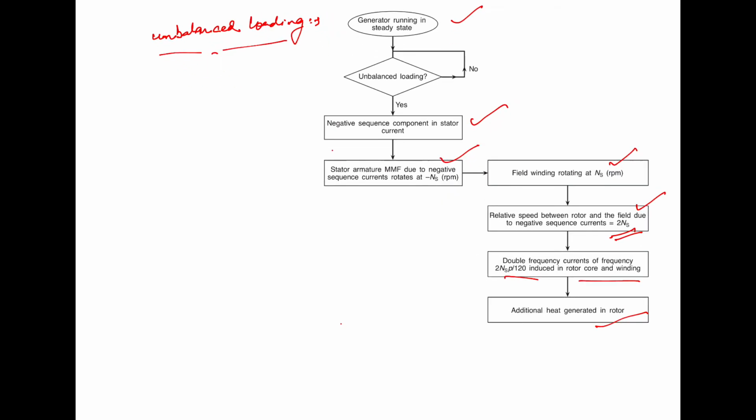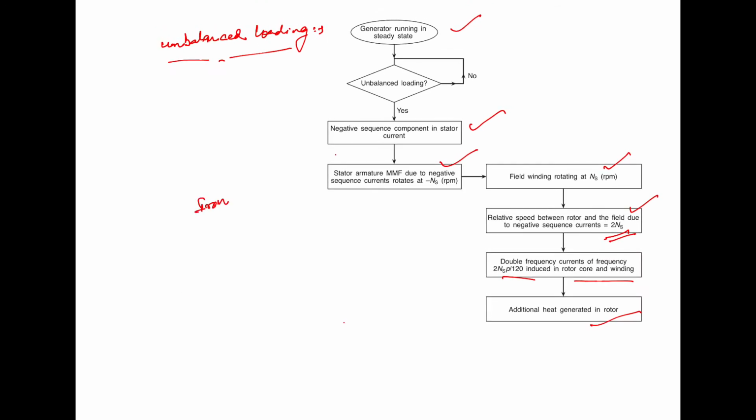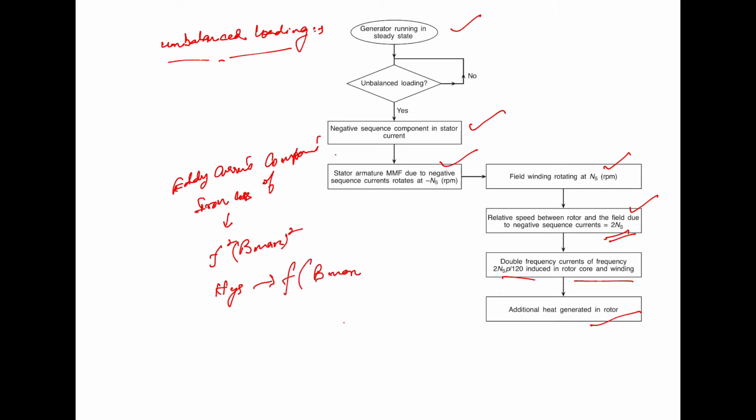The eddy current component of the iron loss is proportional to f square B max square, while the hysteresis loss is proportional to f B max to the power n, where the value of n is 1.6 to 2, which depends upon the core material.